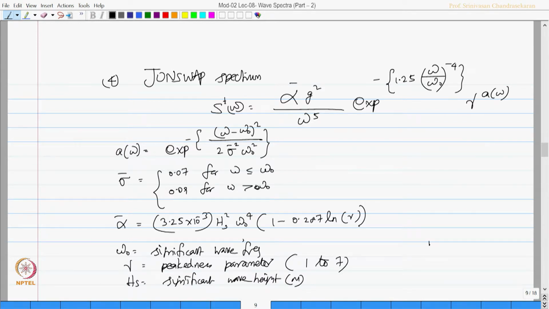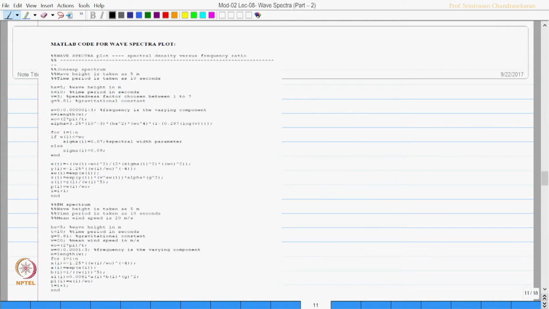So, friends, please pay attention to the programming code available on the screen now. This programming code gives you plots of different spectra for Jonswap, PM spectrum and so on. You can type it back and run it in MATLAB.